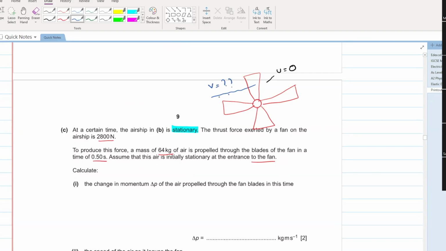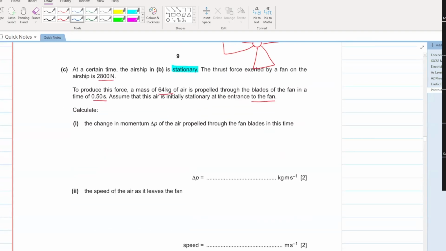You have to calculate the change in momentum of the air propelled through the fan's blade in this time. अच्छा, आपने change in momentum निकालना है. तो बेटा you cannot use this formula: change in momentum is equal to mass into change in velocity, mass into final velocity minus initial velocity.